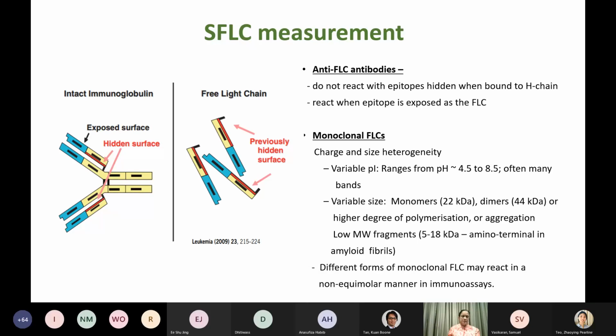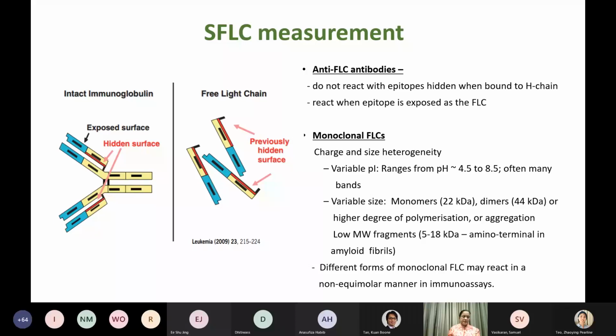How do we measure serum free light chains? Serum free light chains are measured using immunoassay. At the moment, we have both nephelometric and turbidimetric techniques. In these assays, we use antibodies directed to free light chains only.